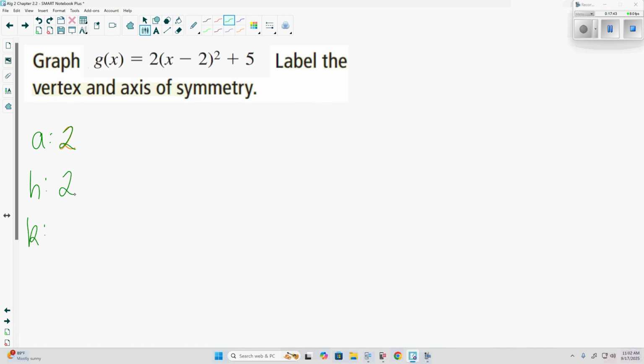Positive. X minus h. X and minus do line up, yes? So h is 2. Because there's nothing with the 2, that value of h, that's changing that sign from negative to positive. So it's just positive 2. And k is 5.